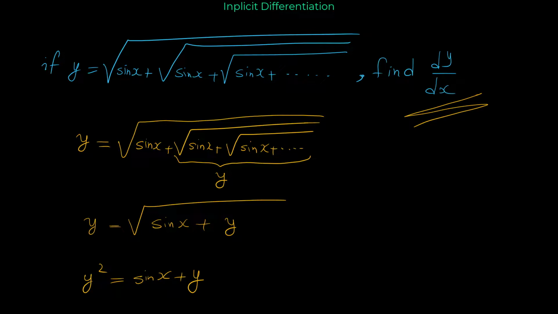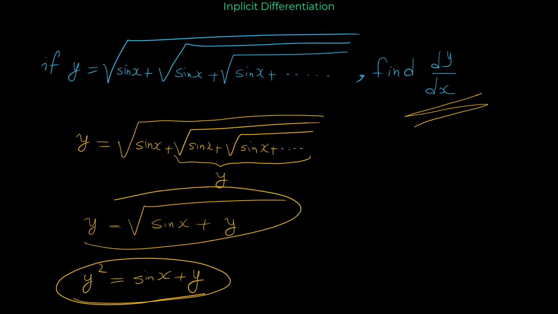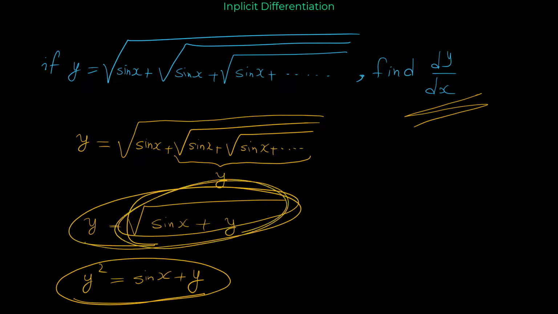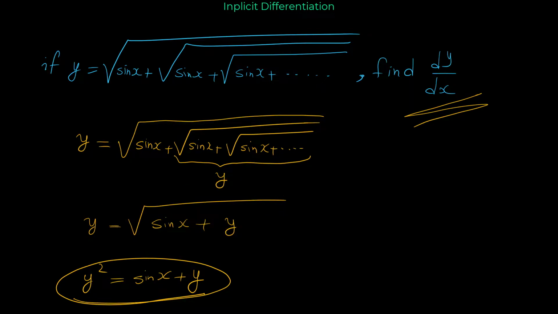Why did I do this? Because differentiating this is easier than this. Here we have this square root, which makes differentiating a bit hard. So we raise both sides of the relation to the power of 2, and then we start finding the derivative.